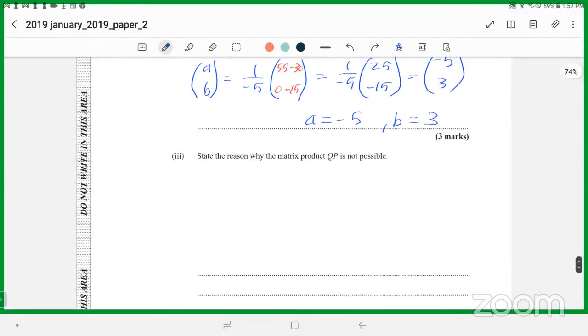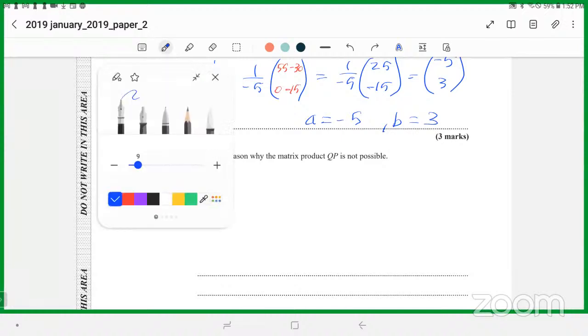Next one. State a reason why this product is not possible. This is now talking about conformable or not. Remember, for matrix multiplication to be conformable, or to be possible, the number of columns in the first matrix must match the number of rows in the second matrix.